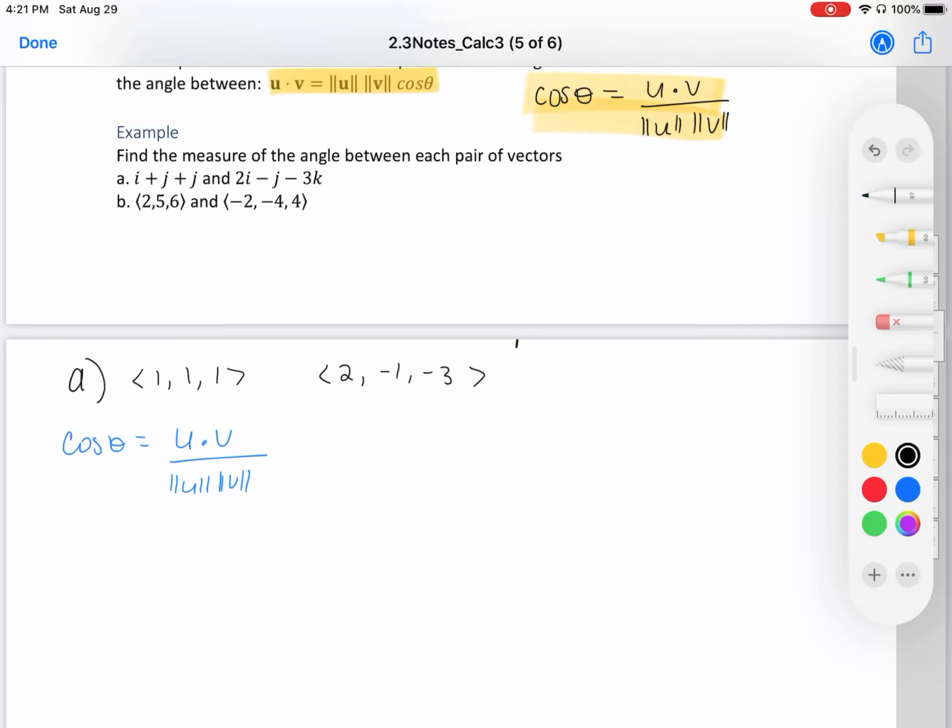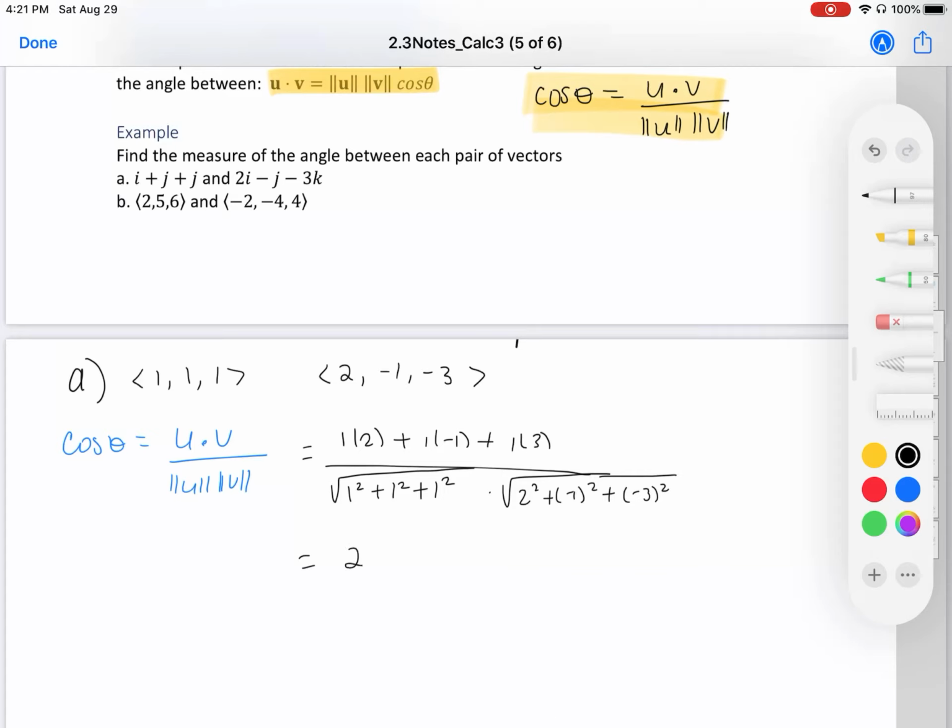Okay, so the dot product of u and v would be 1 times 2 plus 1 times -1 plus 1 times 3, and then the magnitude of each one. So it would be the square root of 1 squared plus 1 squared plus 1 squared times the square root of 2 squared plus -1 squared plus 3 squared.